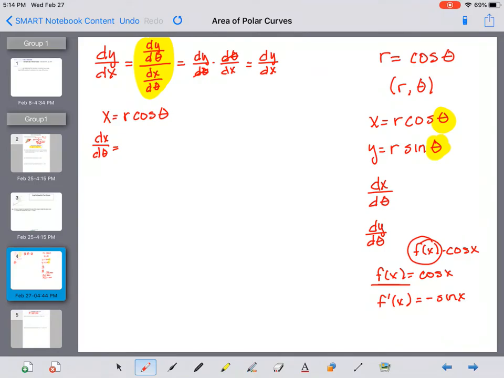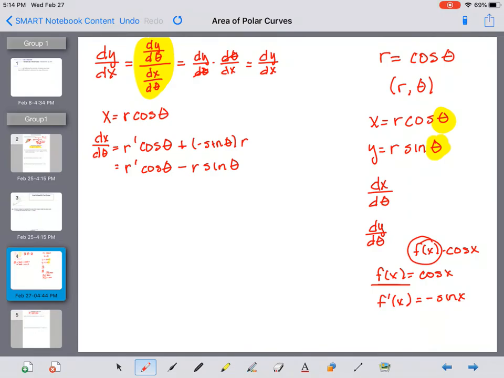If I take the derivative of r, I'm going to get r prime. Derivative of the first times the second plus derivative of the second, which is negative sine, times the first. I'm going to clean that up really quickly. R prime cosine theta minus r sine theta. So that's our derivative of x with respect to theta, which is one part of our equation.